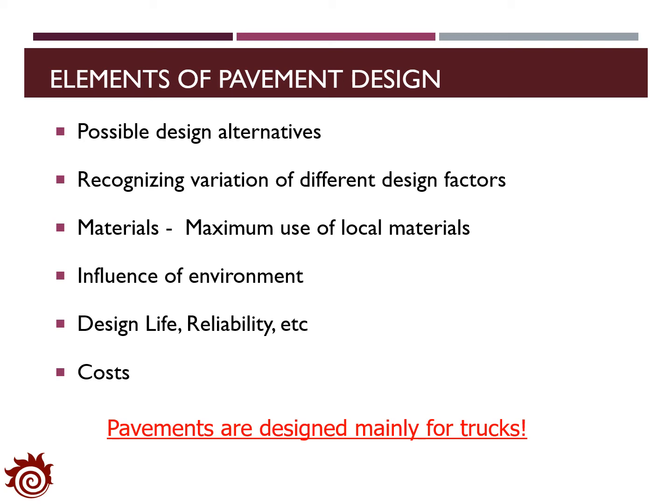In general, one 80 kN axle load of a truck will cause as much damage as 2,000 to 4,000 passenger cars. That means we should design the pavement mainly for the trucks instead of the light-duty passenger cars.